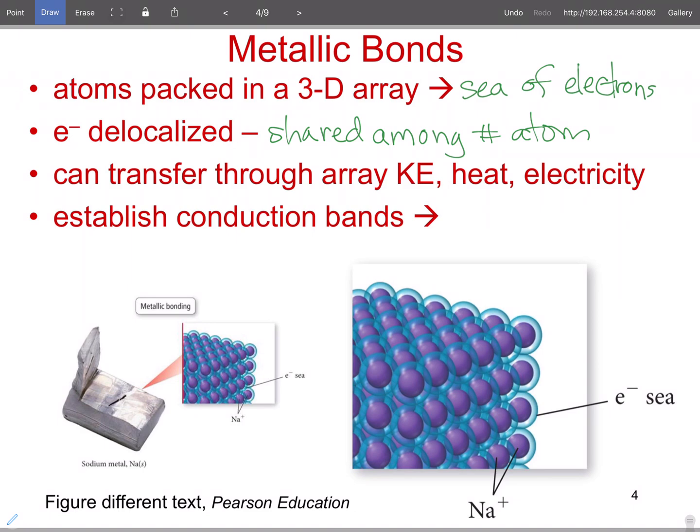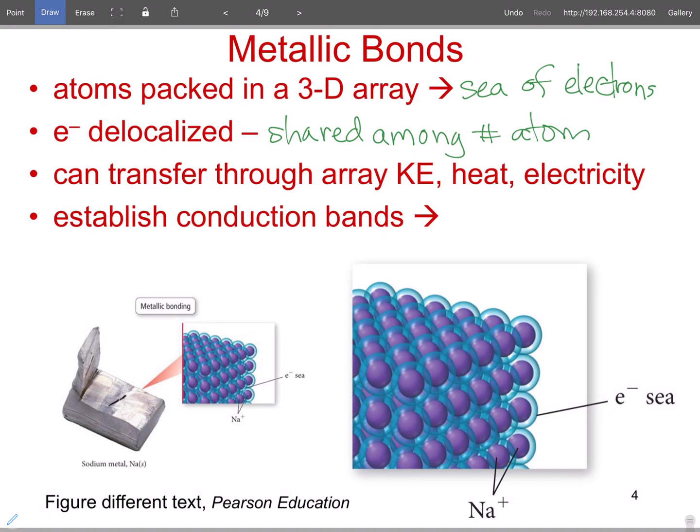Picture a small aquarium, pack it with marbles. Those are the nuclei of all the metals. Now pour in water. So the water moves all around the nuclei. So that's why the electrons are called the sea, because they're totally delocalized. They're moving everywhere around, but amongst all the nuclei, like the water would move around marbles in an aquarium.